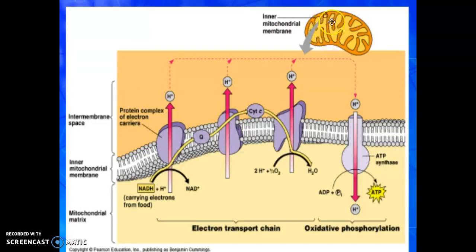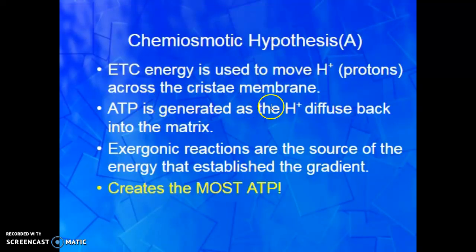They're the folds inside the mitochondrion. ATP is generated as that happens. We spend energy to pump the hydrogens out, and then they diffuse across the membrane passively, and we create ATP that way. The energy that establishes the gradient comes mostly from exergonic reactions, and it creates a ton of ATP.